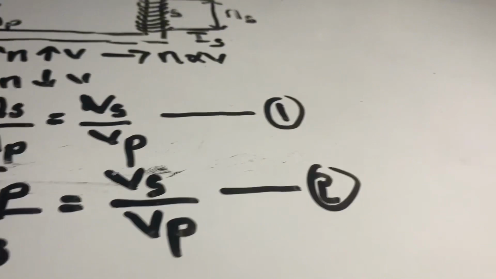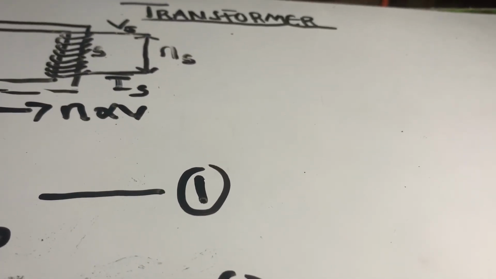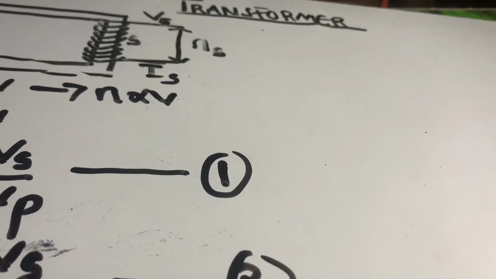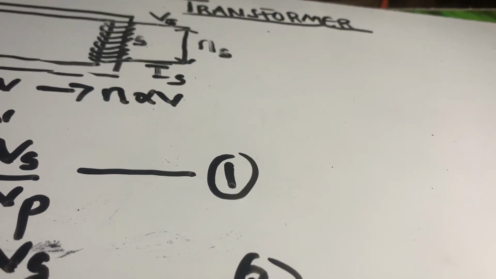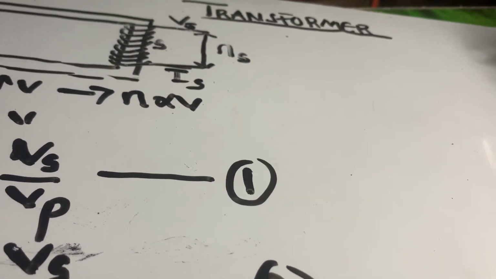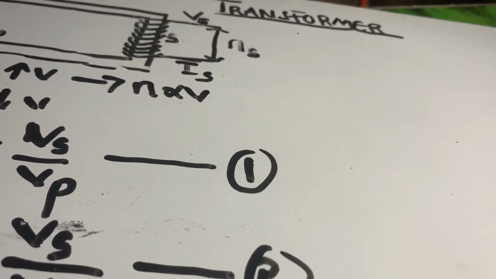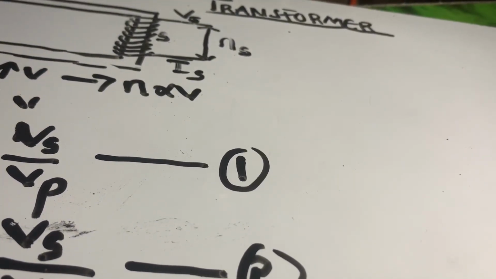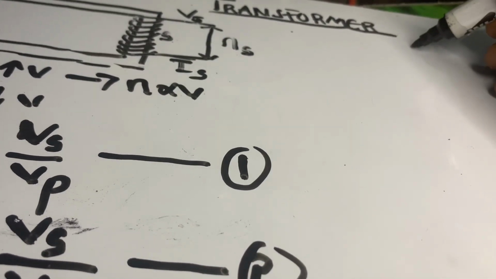And then the last equation has to do with the power across the coils of the transformer. Should the transformer be energy conservative, then no energy will be lost, and so the power across the primary coil will be the same across the secondary coil.